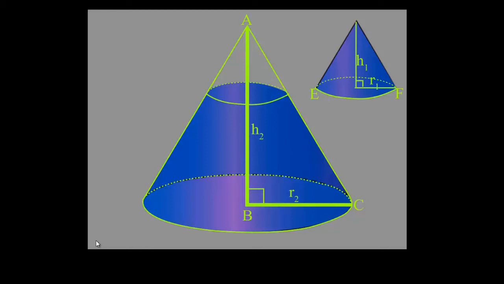So let us see the formulae related to this frustum of a cone. You can remember these formulae with the help of the formulae for the cone. Slant height of a cone: L is equal to root of r1 square plus h1 square. Slant height of a cone is equal to root of r square plus h square.